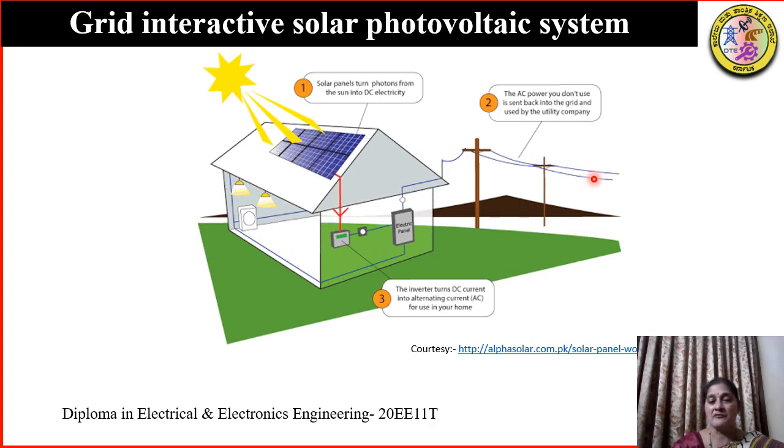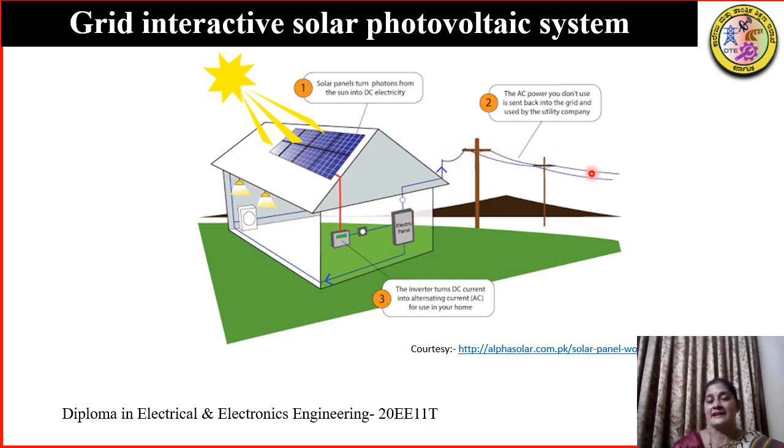Because of the absence of batteries, the cost of the entire system comes down. But the problem is the light is available only during daytime. So what will happen after sunset when there is no light? Because it is tied to the grid, there's an option that during the daytime, the excess power is fed to the grid.